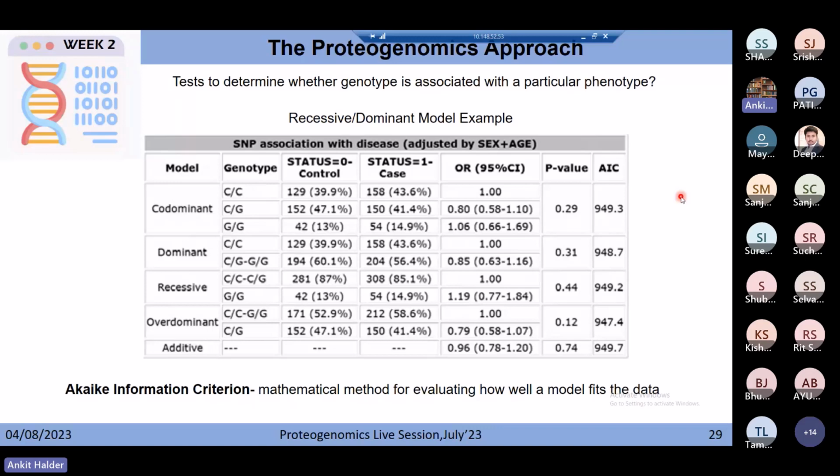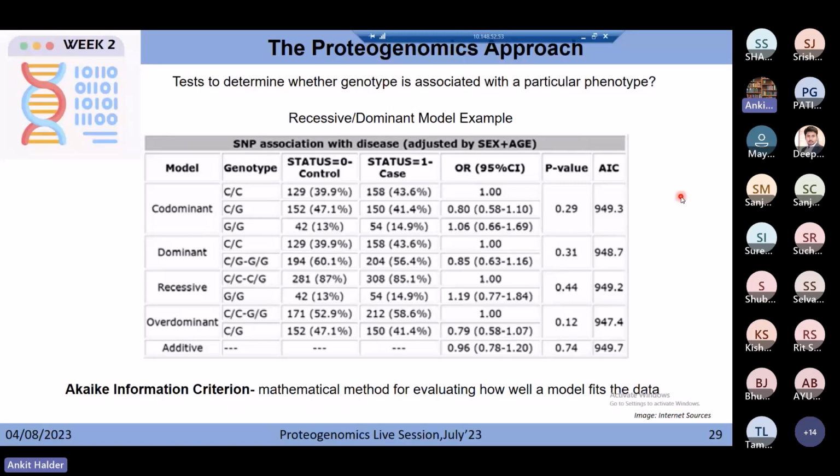On the basis of the AIC calculation, we can say that this SNP association with the particular disease is based on this kind of model. So whenever you try to do this kind of thing, you need to calculate this AIC to find out which model your SNP fits well.